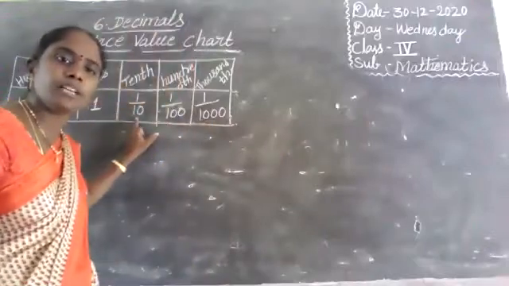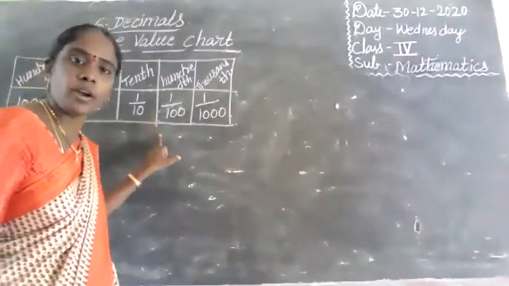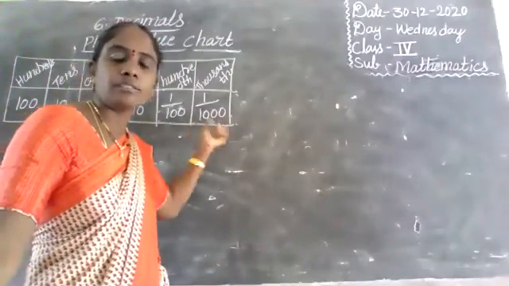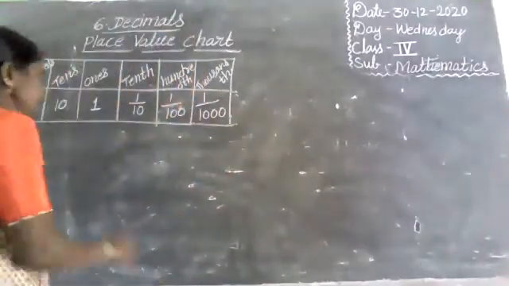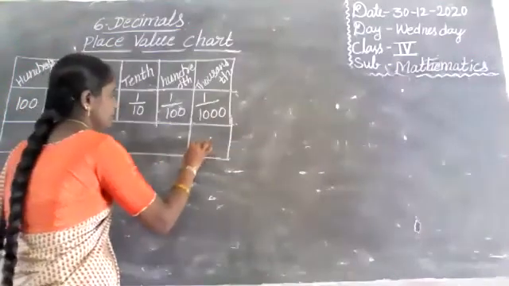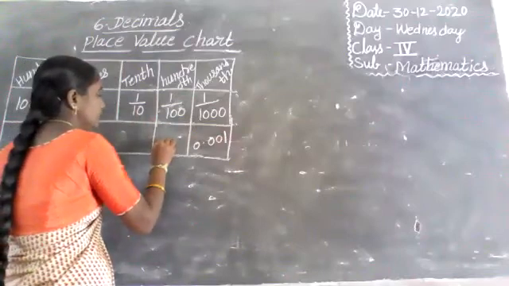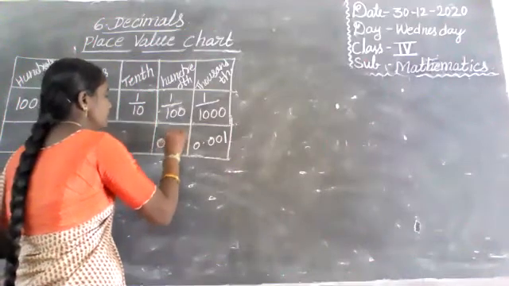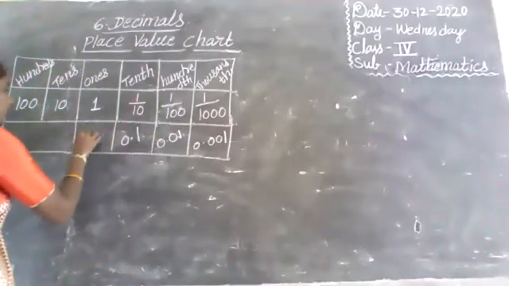How can we write 1 by 10 as a decimal number? 0.1. 1 by 100 is 0.01. 1 by 1000 is 0.001.